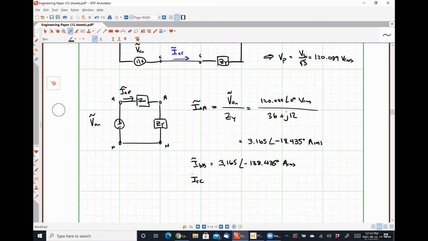And finally, ICC would be 3.165 with an angle of negative 258.435 degrees amps RMS. Once we get it to our YY system, we only have to solve it once, and then we can get every other quantity that we need just by shifting by 120 degrees.